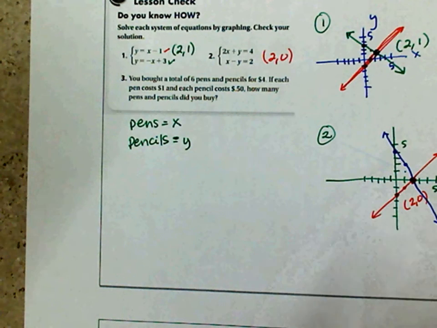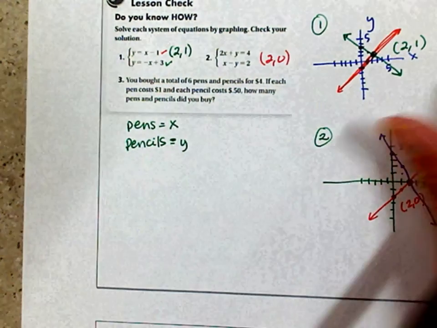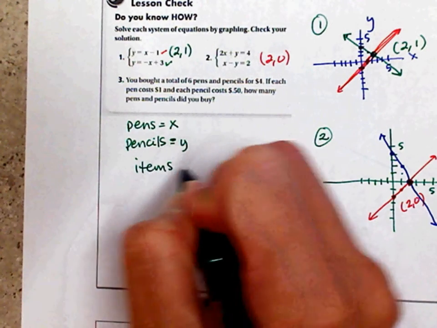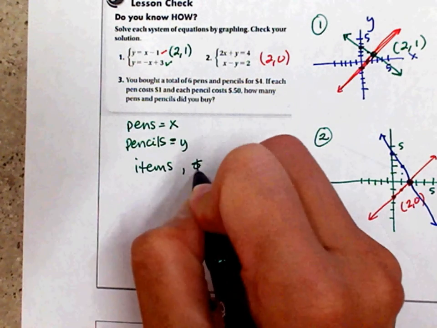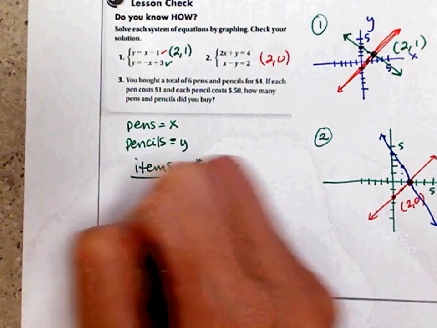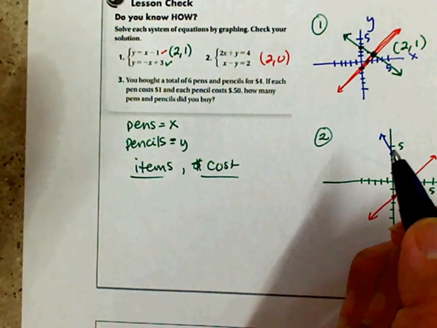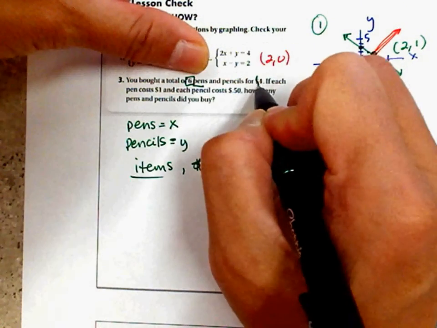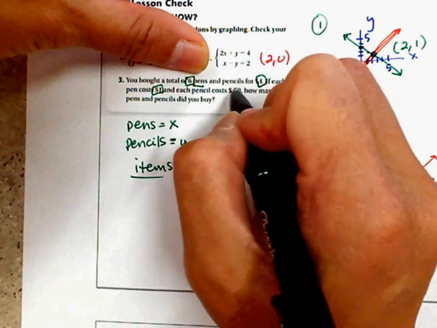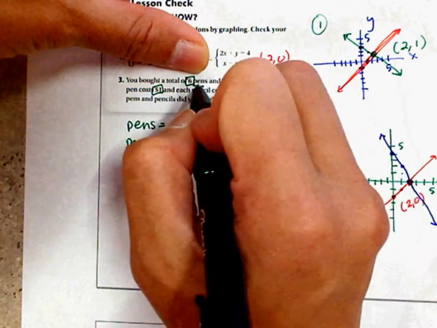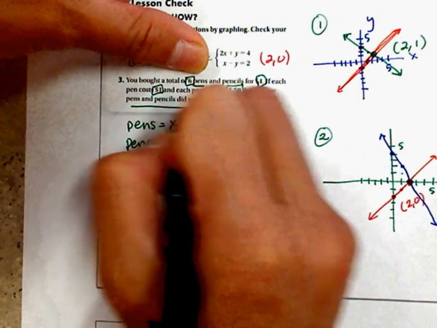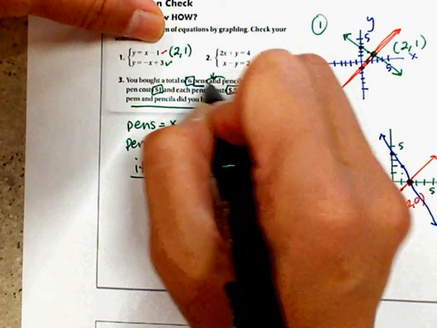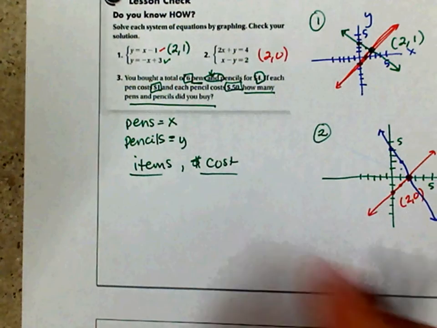Okay, so 2 things we're talking about: the number of items, and the cost. First of all, box in your numbers, like I've always showed you. Okay, kind of important. And see the word and, that means you're putting them together. All right, so let's talk about the number of items first.